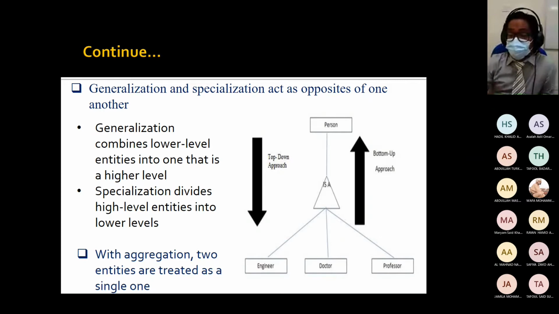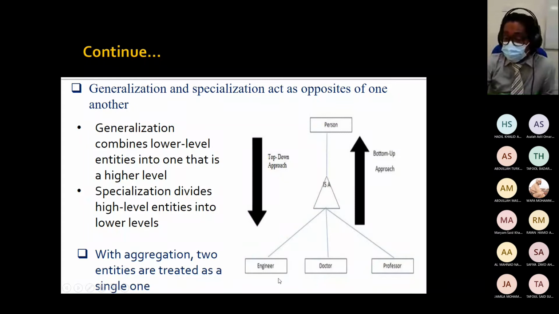Because by knowing that, we can easily see that generalization will give you more detailed information on that particular high level. High level is person, right? And at least we come to know now that you have specific details on it, and those are the low level, which are the engineer, doctor, and professor.